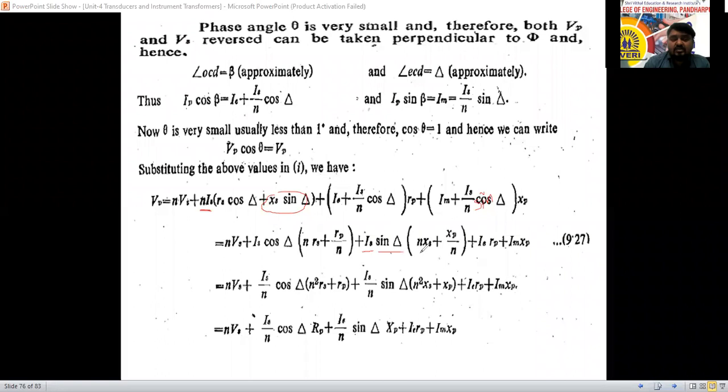Now N into XS we have written here, and from this term sin delta we have taken outside, and that is called XP. We are going to multiply XP by N. OK, XP by N is left here. So IE RP and IM XP we are going to keep as it is here. This IE RP, and here IM into XP, that we have left here.